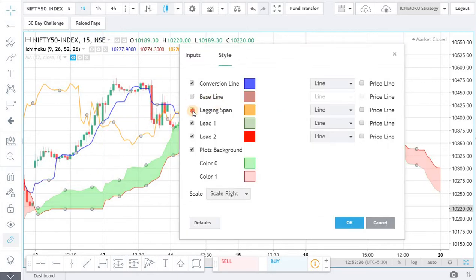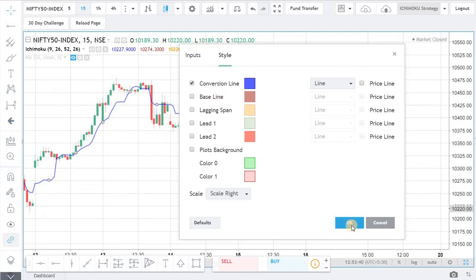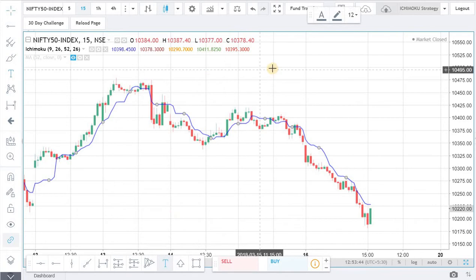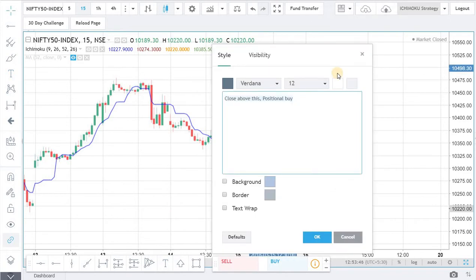So let's start off with the very first one, which is your conversion line. Okay, so what is a conversion line? I think we had discussed that the conversion line is nothing but your nine period highest high plus lowest low divided by 2.